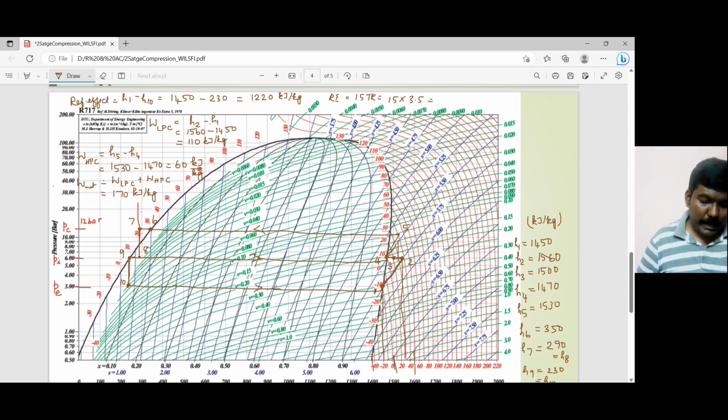15 into 3.5, that is 52.5. This guy is 52.5 kilojoule per second. So if I want to find the mass flow rate, the refrigeration effect is M1 times (H1 minus H10).